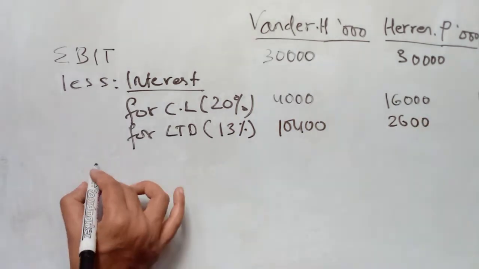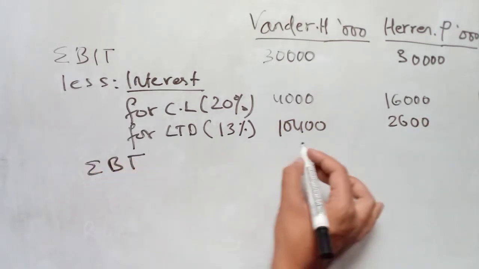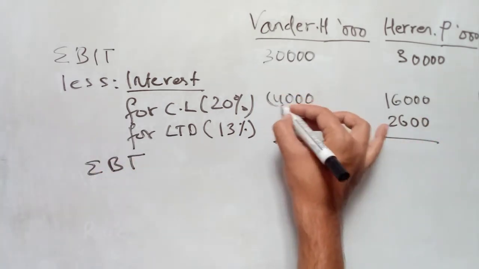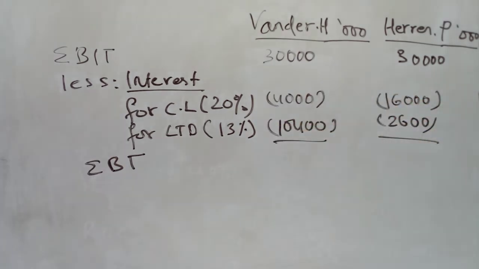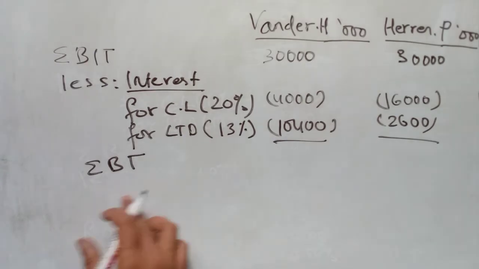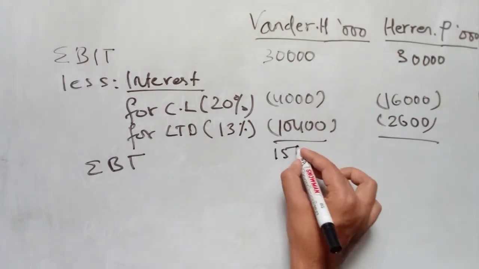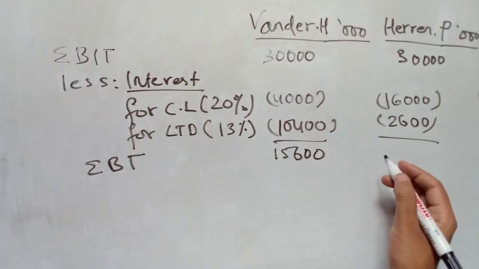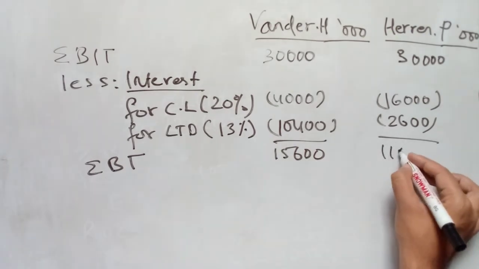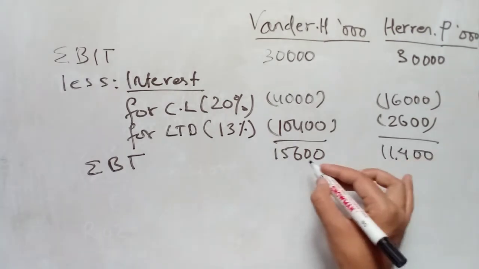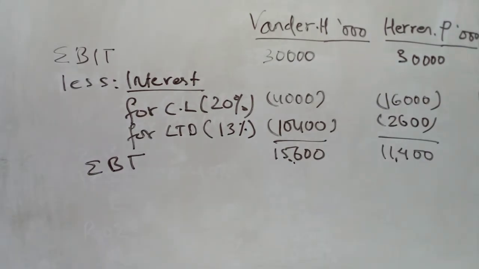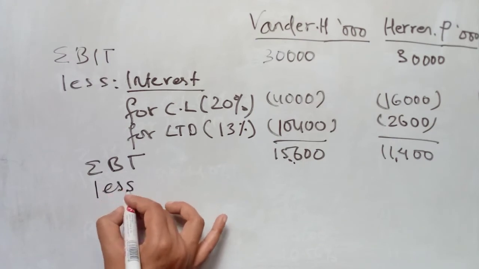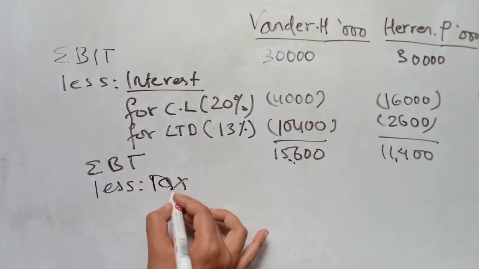With this we get earning before tax, deducting these values of interest, that is the cost of debts. So we get earning before tax of 15,600 for V company, and for H company it is 11,400. So now we go to less tax.